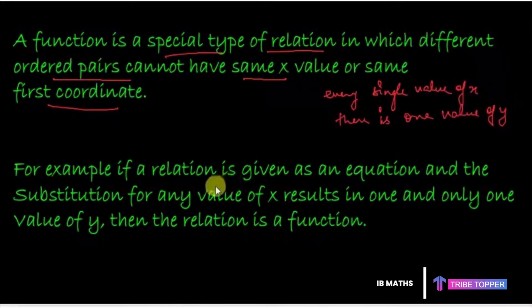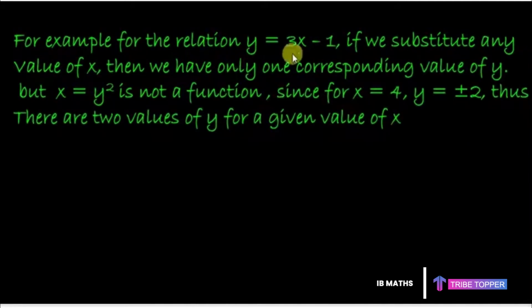For example, if a relation is given as an equation and on substituting the values of x, I get one and only one value of y, then the relation is a function. Let's look at this example. I have the relation y = 3x − 1, and if we substitute any value of x, you will get one and only one corresponding value of y. You can check that out. For whatever values you go on inputting for x, you will get one value for each value of x.